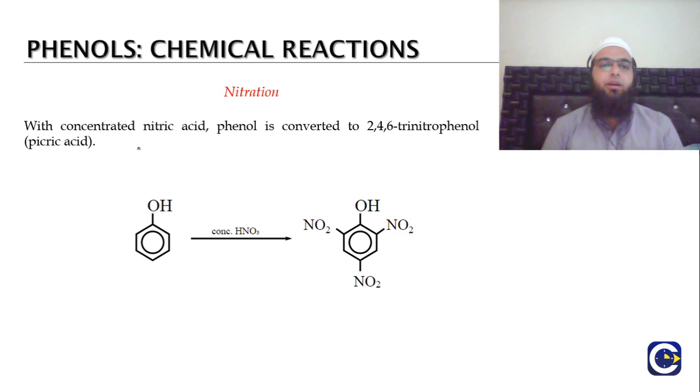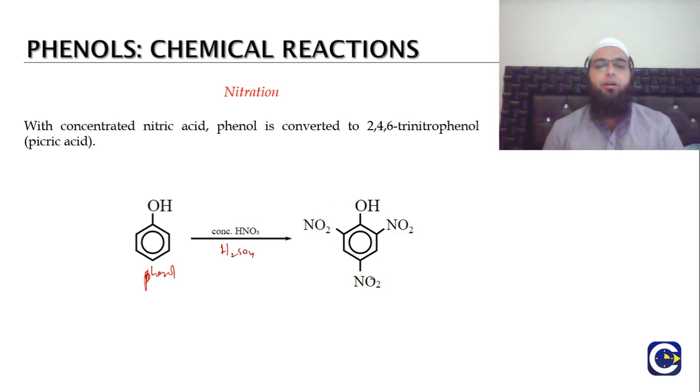Now if we react the phenol with concentrated nitric acid, in the previous reaction we reacted it with dilute nitric acid, and if we react it with concentrated nitric acid, obviously in the presence of an acid, then what are we going to obtain?